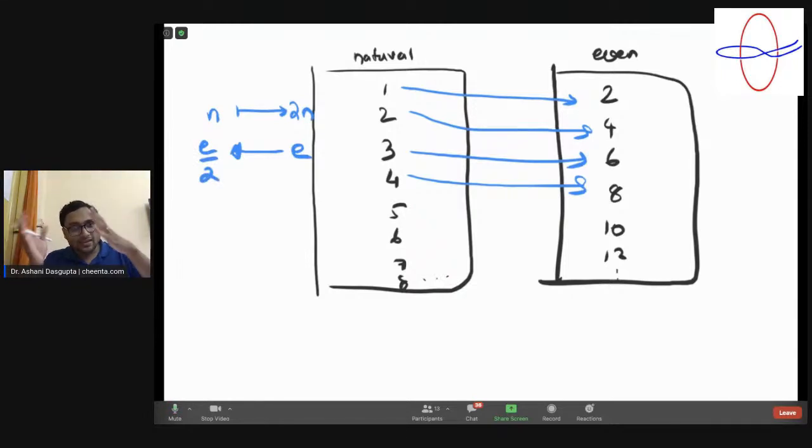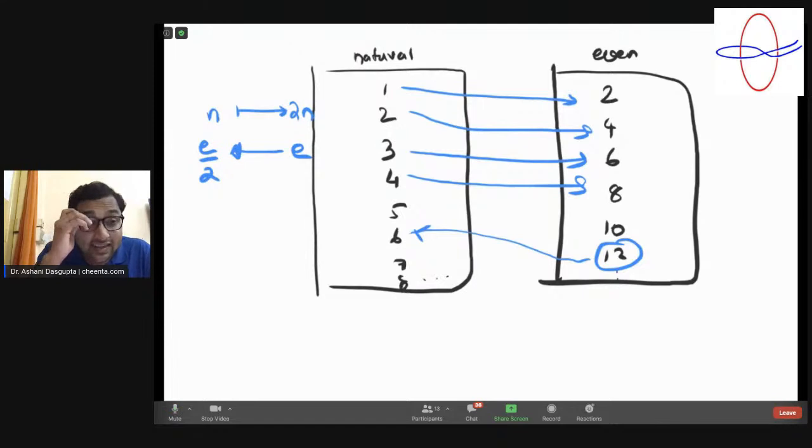You can just halve it. Take an even number to get its preimage, just halve it. So this is a two-way map. For every natural number, there is a unique corresponding even number, its double. And for every even number, there is a unique natural number, its half. So there is a bijection between natural numbers and even numbers.